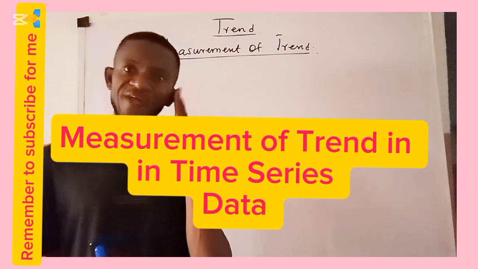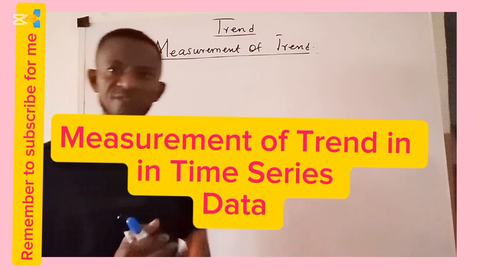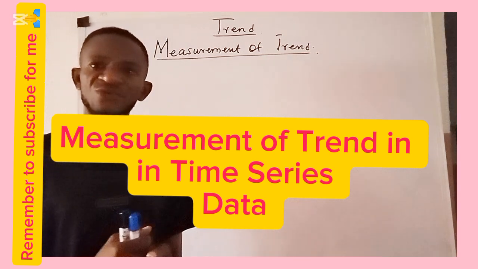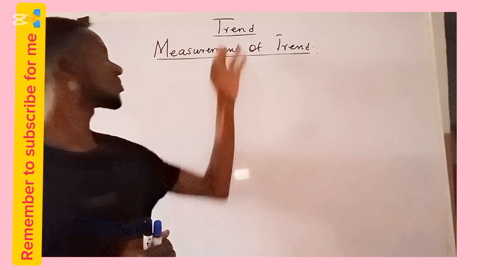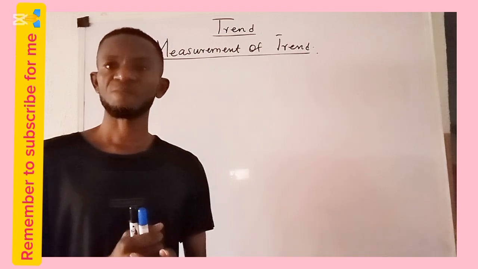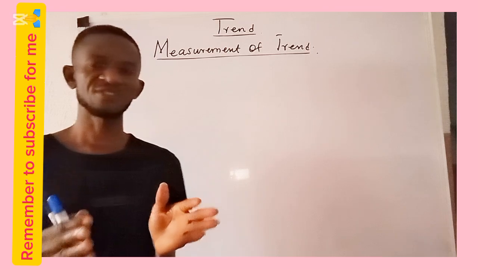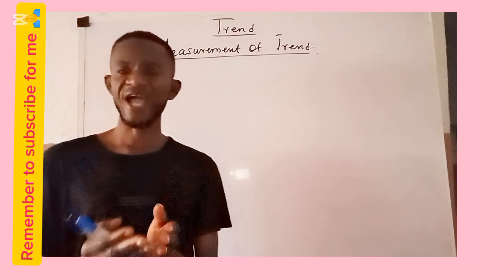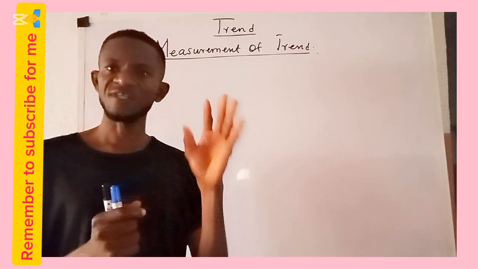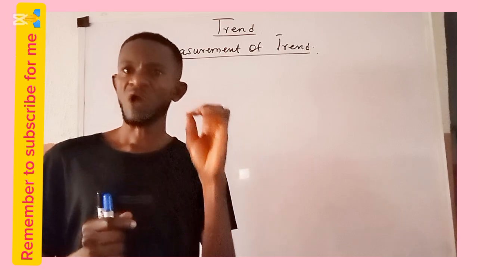Today, we'll be looking at trend and its measurement. Remember that in one of our previous classes, we already discussed trend as a component of time series. In that class, we said that components of time series are those forces behind changing time series observations, because the values of time series observations over time are not always the same.